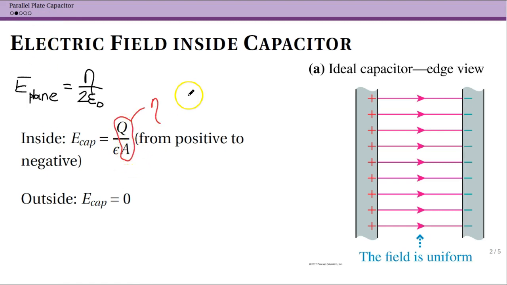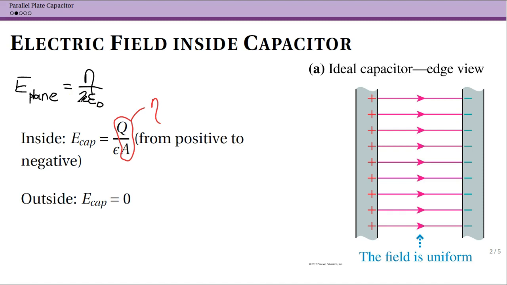So Q over A is eta, and the other form here that you should notice is that this is just like the electric field from a plane, which was eta over 2 epsilon naught. So this is Q over epsilon naught A, or eta over epsilon naught, which is just like a plane, except there's a factor of 2 difference, and that's going to be really important.